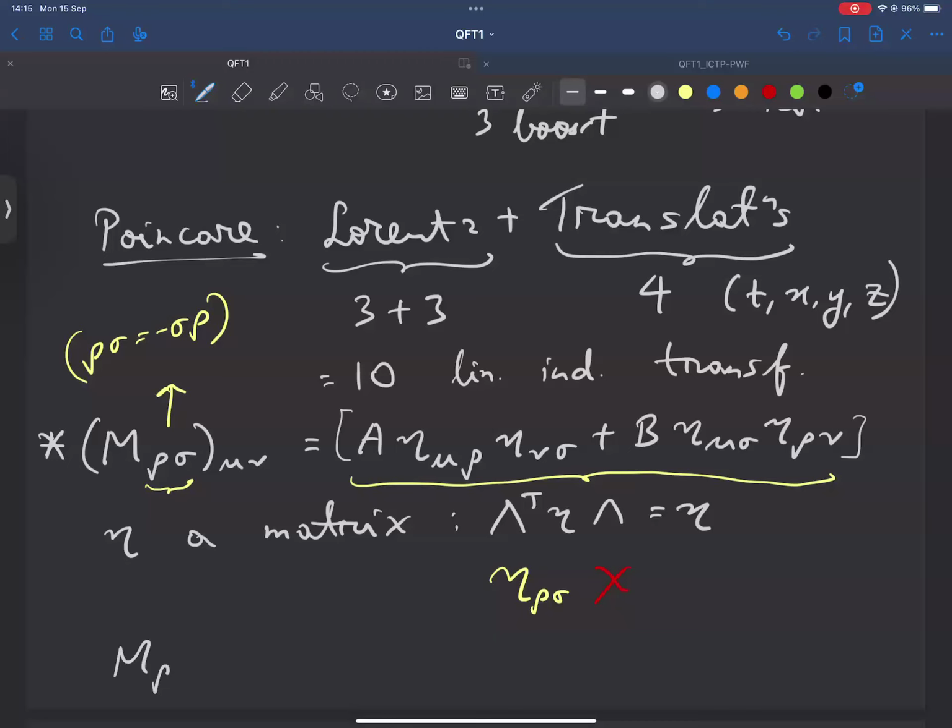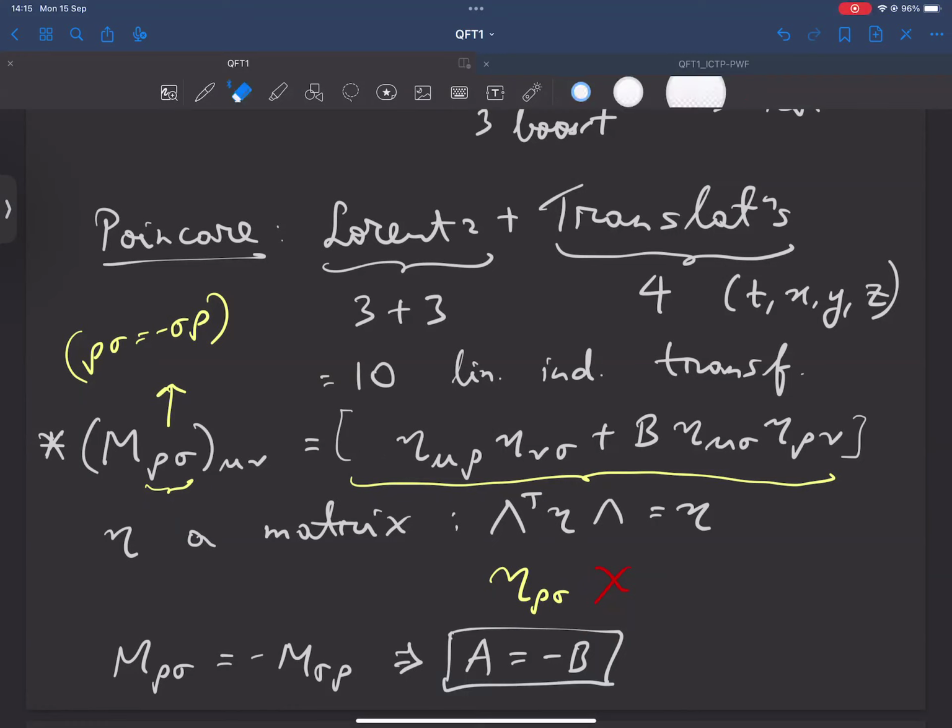And now if you impose this condition, then you can immediately see that A equals minus B will follow from here. So that will fix M rho sigma to be just A and minus 1. And obviously there can be an overall scaling, but that's okay.